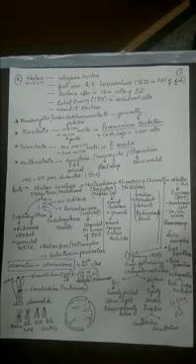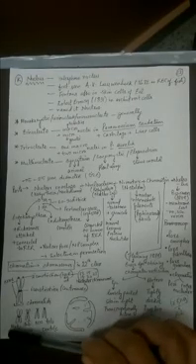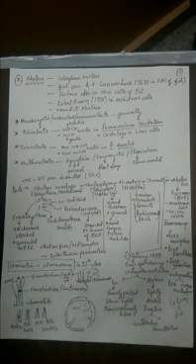Chromosomes can be of four types on the basis of the position of the primary constriction. If the primary constriction is at the center exactly, making both the arms equal in size, it is called metacentric.